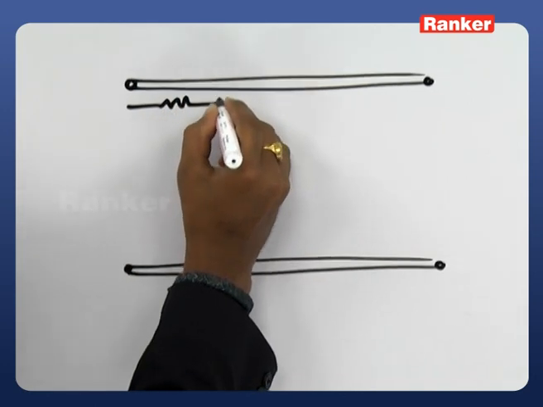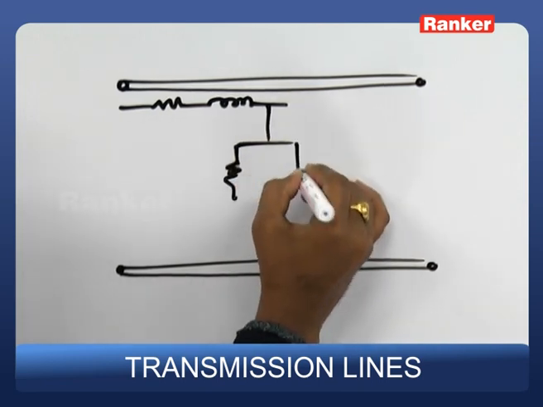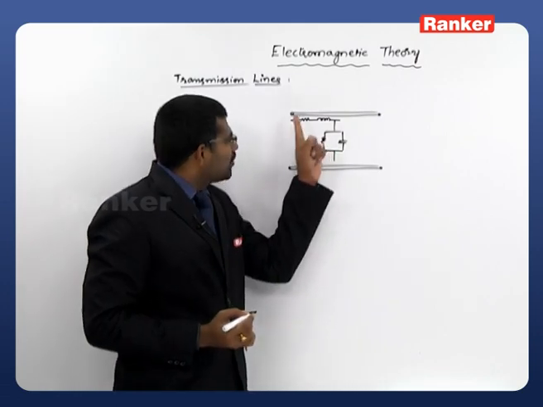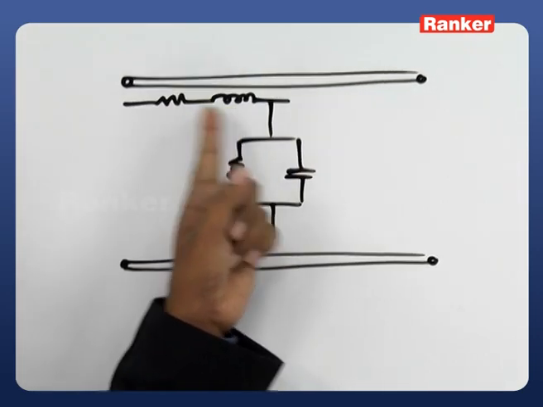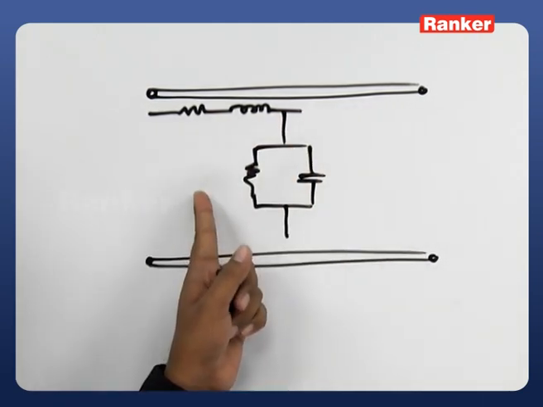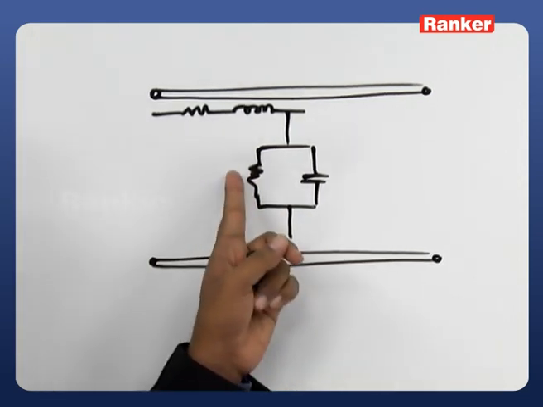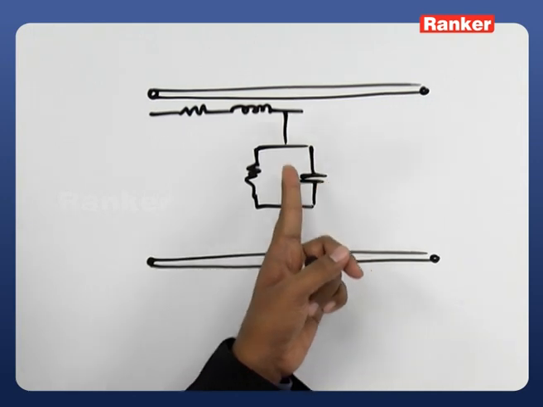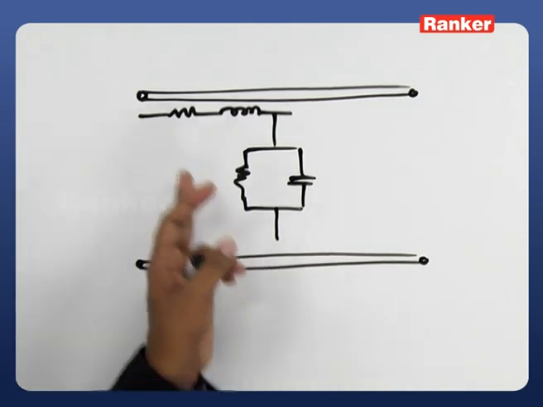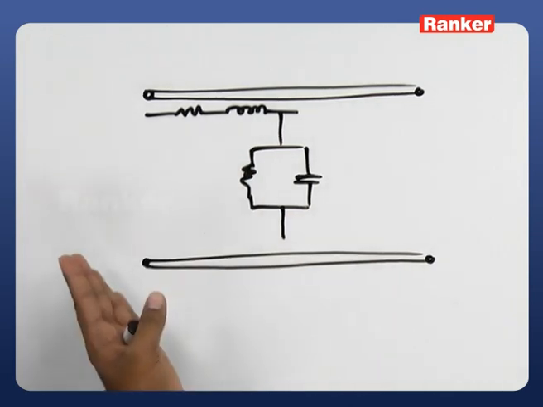This is R, L, G and C. Every conductor can be replaced with a combination of series R and L, and the dielectric can be replaced with a parallel combination of conductance per length, that is per meter, which we call G, and a capacitance per length. So, this is a simple equivalent circuit of our transmission line. Do not think that only one R, one L, one G and one C will be there. This is a distributed circuit.